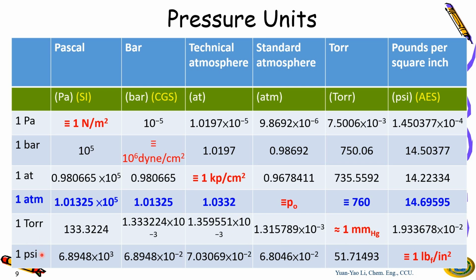So how do you do the conversion? 1 psi equals 51.71 torr. Something like this.